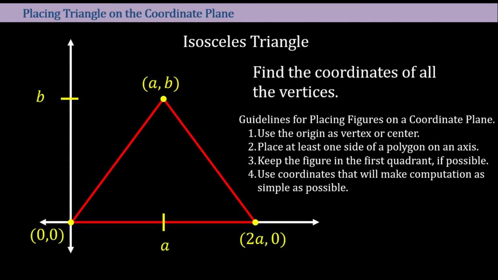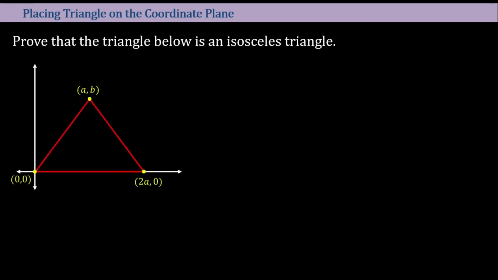Now remember, in order for us to prove that our placing is correct, we need to prove that this is an isosceles triangle. So how can we prove that this is an isosceles triangle? Again, we need to prove that this side and this side are equal to each other. Now, if we find the measure of this side, the measure of this is 2a. You can do that by getting the distance from this point to this point.